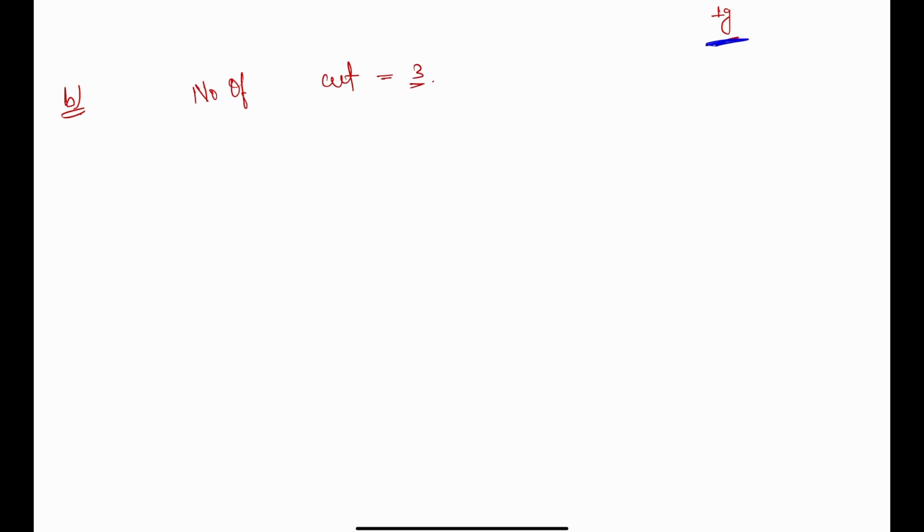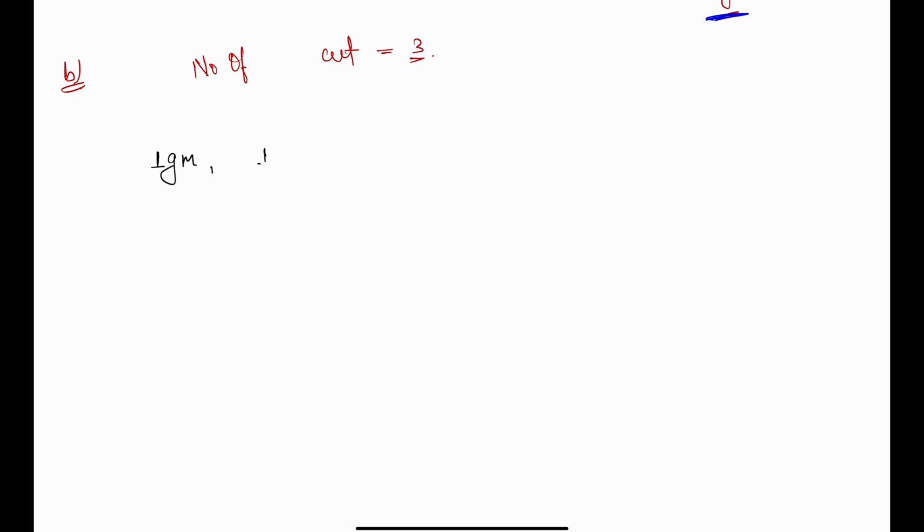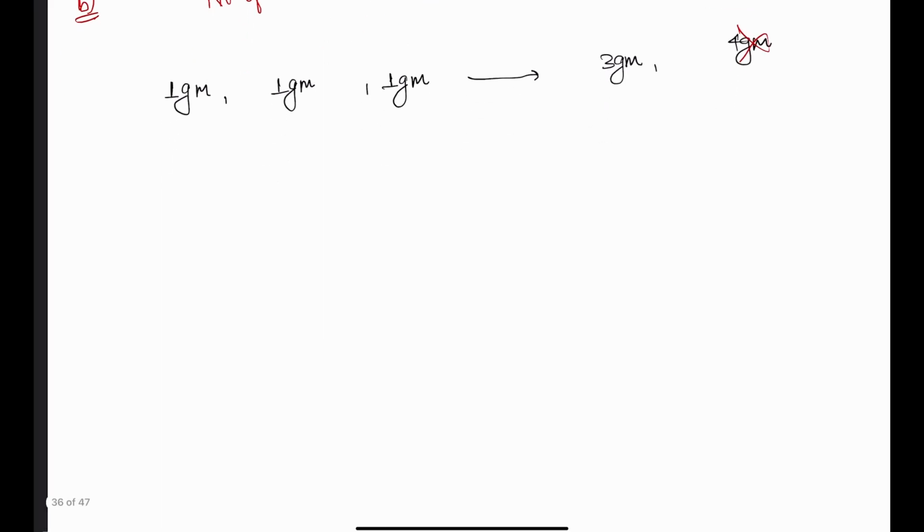So what can we take from this? We have 1 gram and 1 gram of chains. With these we can measure 1 gram, 3 gram. What we cannot measure is 4 gram, so we'll just cross it.